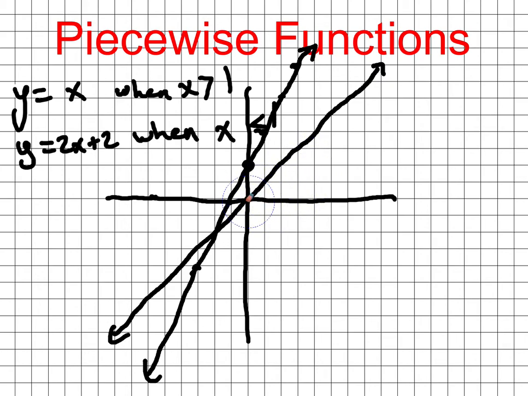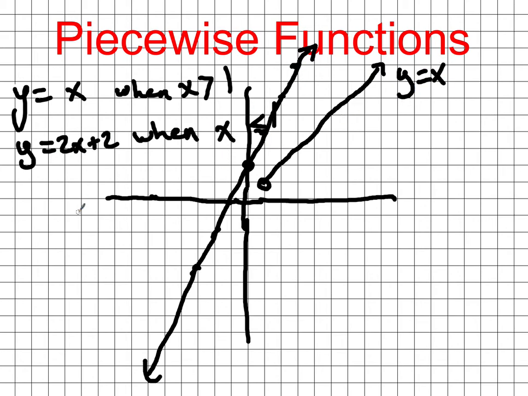Anything below when x equals 1, I'm going to erase. I only graph it here, and I put an open circle, and that lets you know when x is not equal to 1, it's just when x is greater than 1 that I use this line, y equals x.